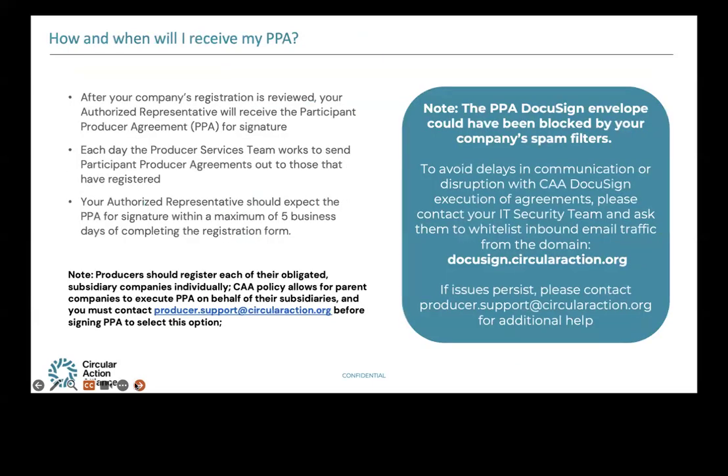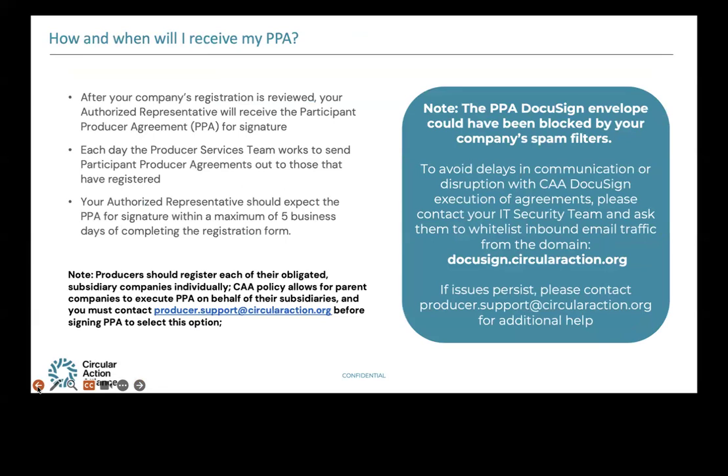So after signing the PPA, if a producer later determines they no longer have obligations with any EPR state where CAA is the PRO, as I said, they may terminate the agreement by reaching out to us and we'll help them through that process.